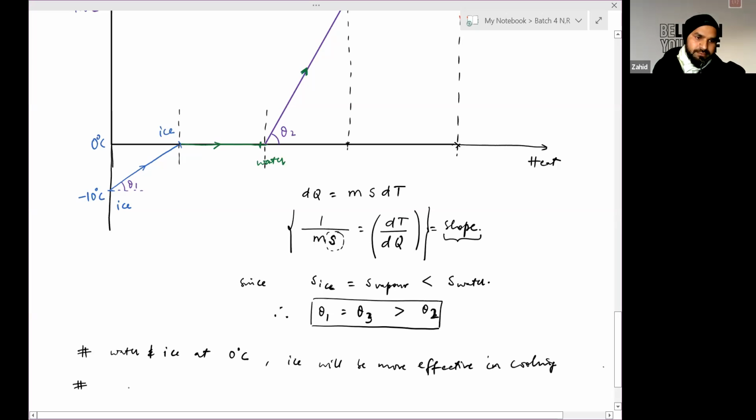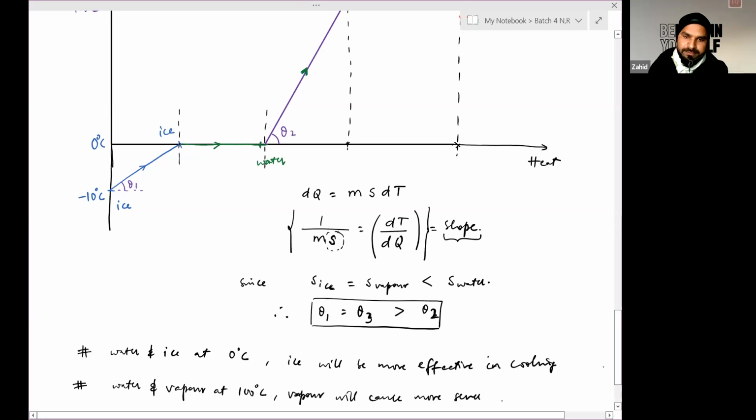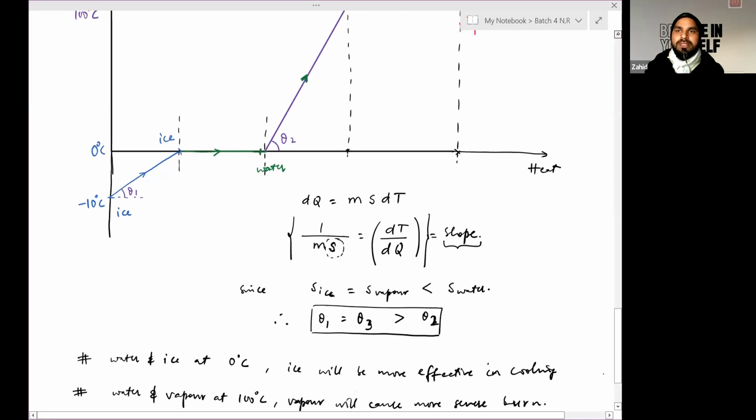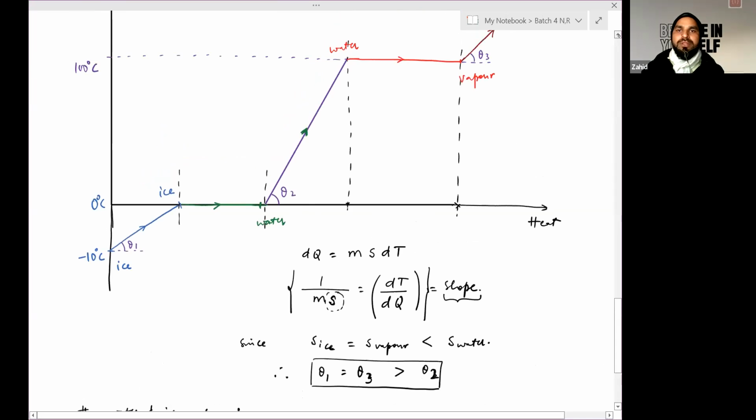Similarly, water and vapor at 100 degrees Celsius, vapor will cause more severe burn. Just write it down, this part first. Draw this graph.